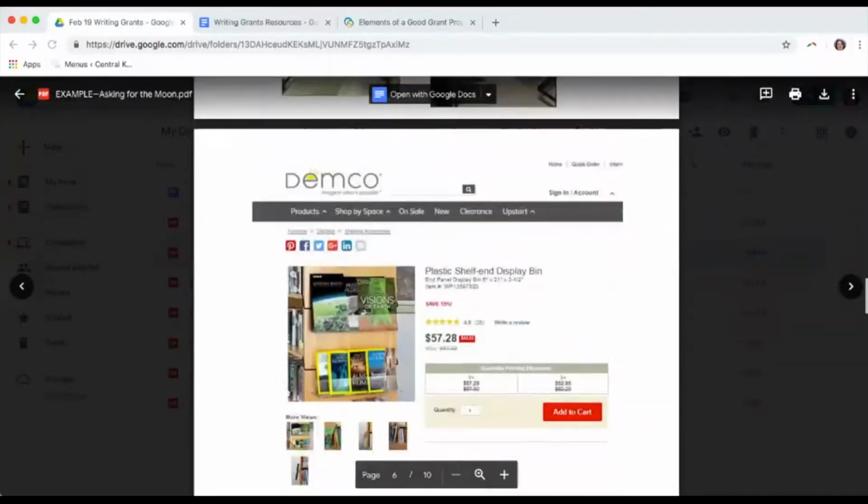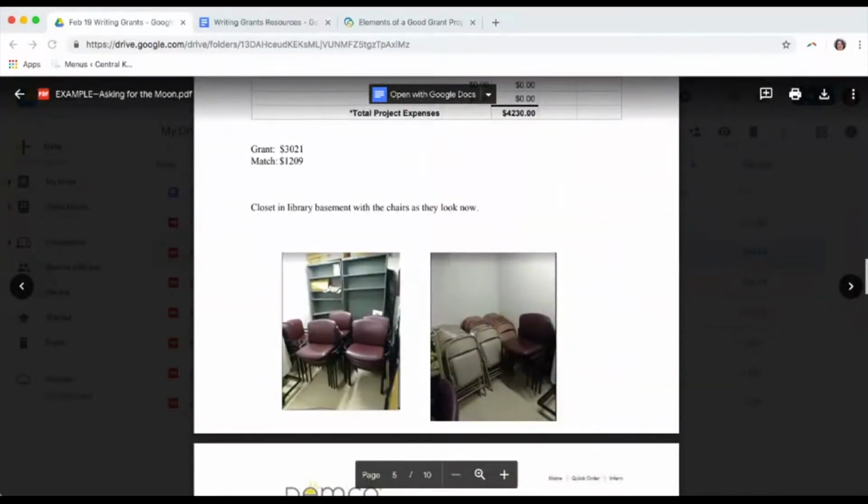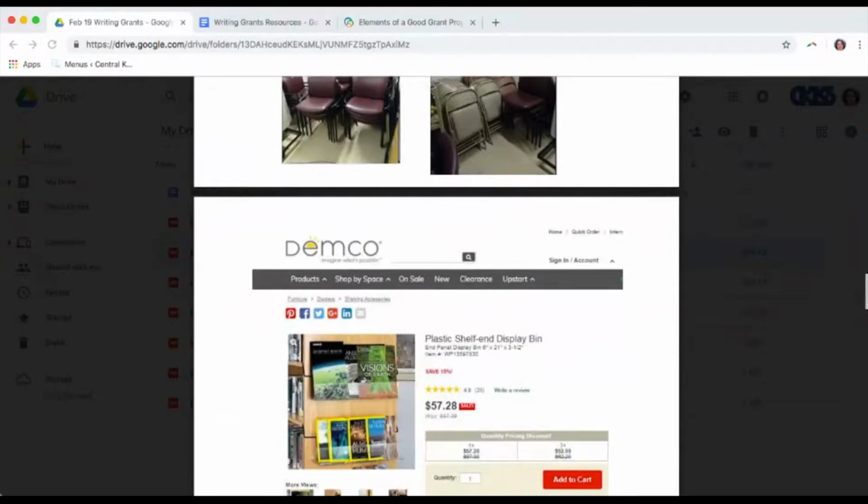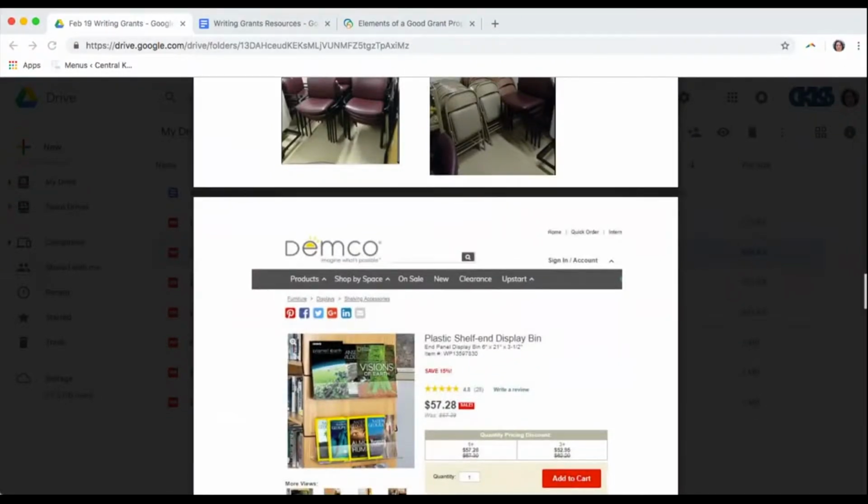I've read through the grant, so I know what I'm looking at, but I've had a couple grants where they just gave me random pictures, and I had to figure out what they went to. I had one that was showing their current computers, and in the grant, they had described the computers. This one's old and doesn't work. This one works some of the time, that kind of stuff.